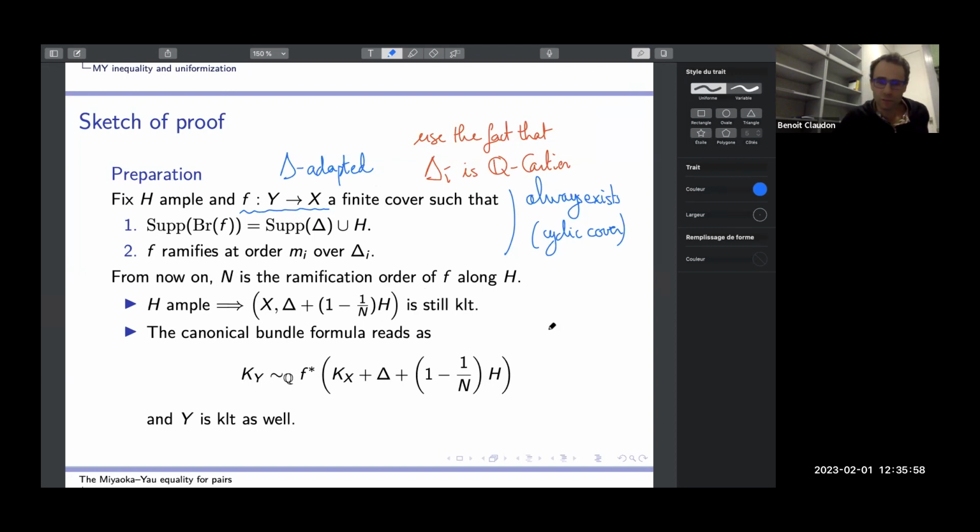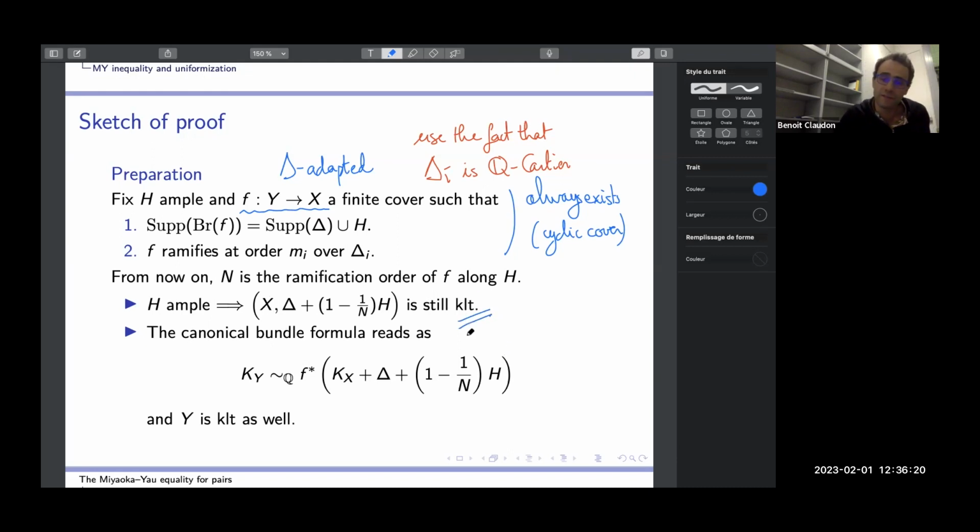And so what is important is that since H is ample, it moves in a base point free system. So we can use that to check that this new pair, delta plus this 1 minus 1 over n times H, is still KLT.